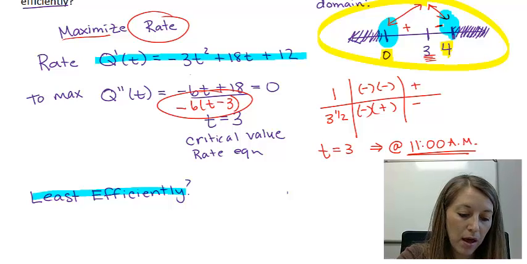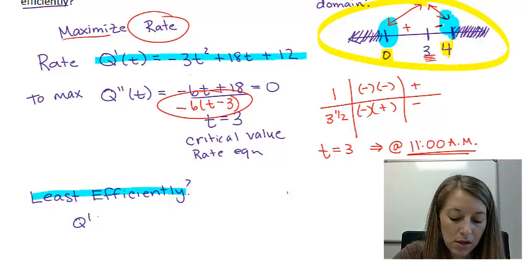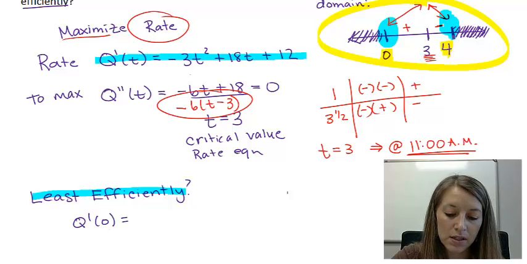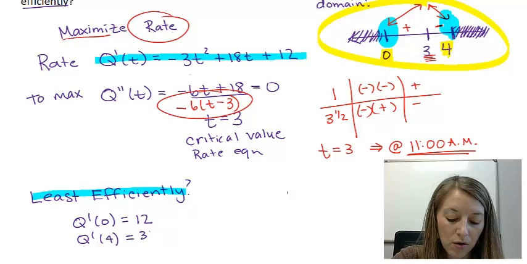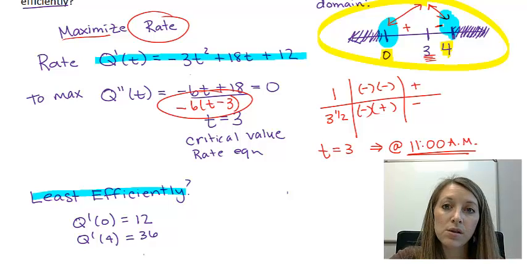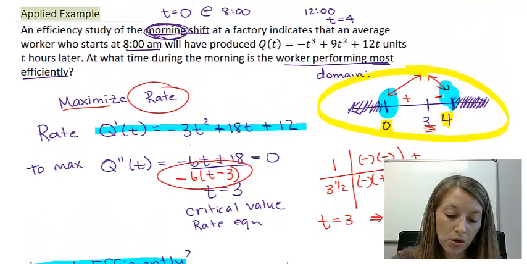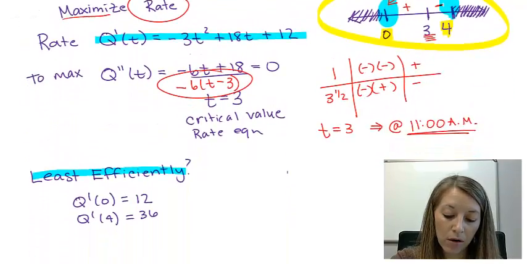So if I plug 0 into q prime of t, that gives me out 12. If I plug 4 into q prime of t, that gives me out 36. And since this is the rate equation, this is something per something. So what this is, is units per hour.